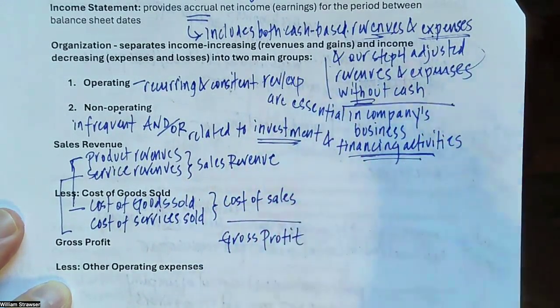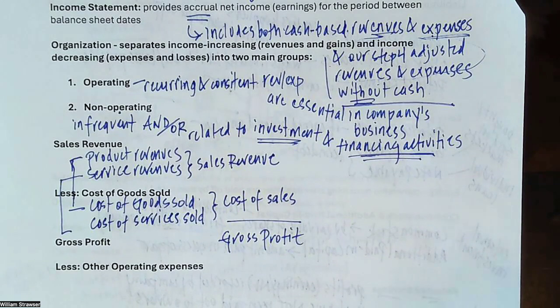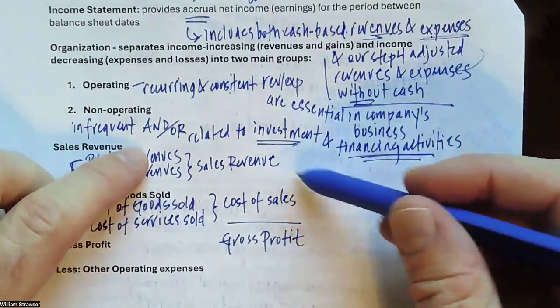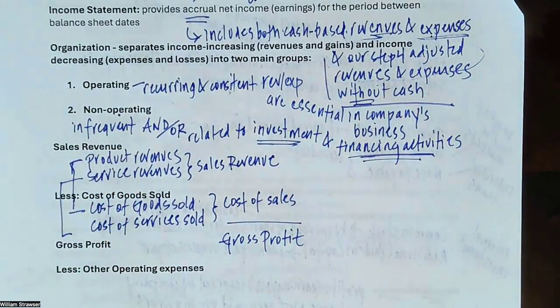Now, once we have gross profit, we have a subtotal. This total basically shows how the company is able to market its product or service, how much of a premium it can charge customers over the cost of the provision of those products and services.